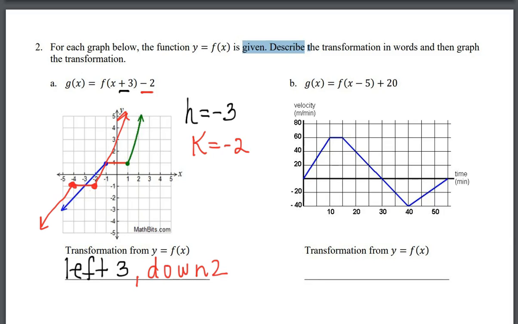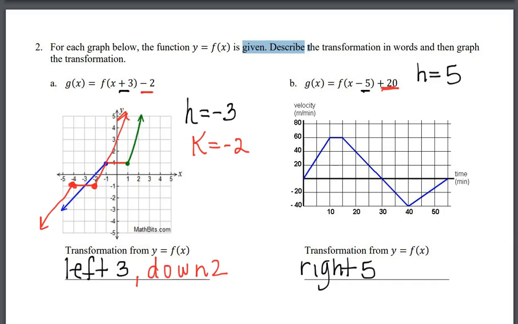Let's look at this second graph. The second graph is telling us to move to the right 5 because h is positive 5. So we're moving right 5.